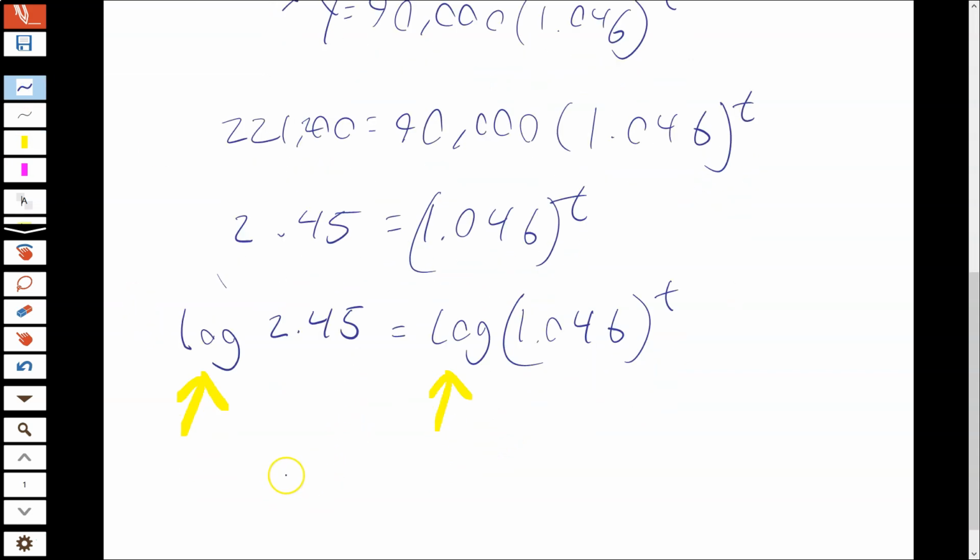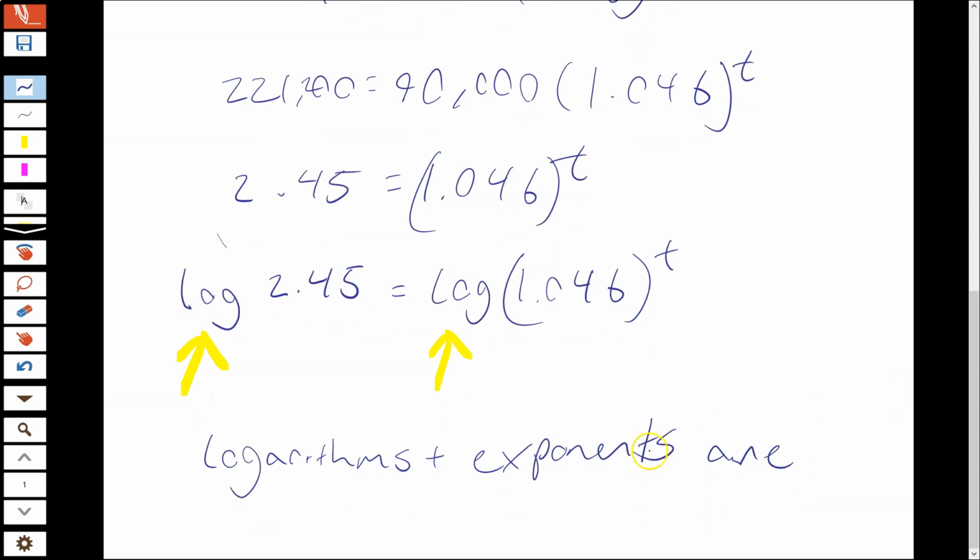And I will leave you with this fact to close: logarithms and exponents are inverse operations. The reason that logarithms are important is because they allow us to solve equations involving exponents.